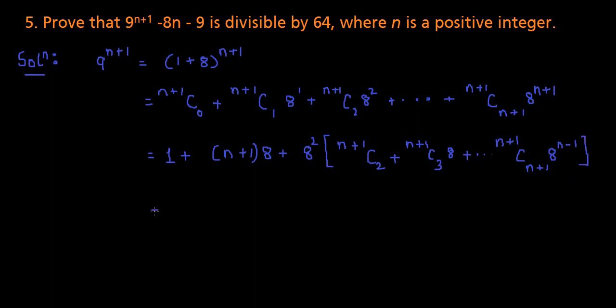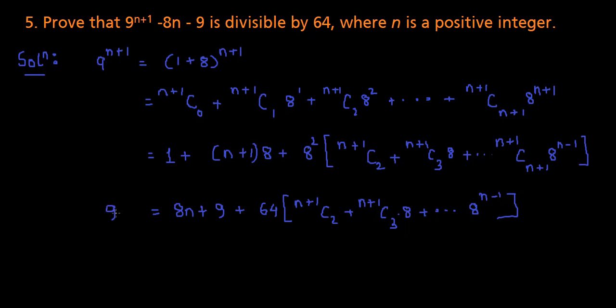Okay, so let's solve it. So this is 1 plus 8n plus 8, which is going to give us 8n plus 9, plus 8 squared is 64, n plus 1 c2 plus n plus 1 c3 times 8 plus dot dot, and what we'll be left with, n plus 1 c n plus 1 is always 1, so we have 8 raised to the power of n minus 1.